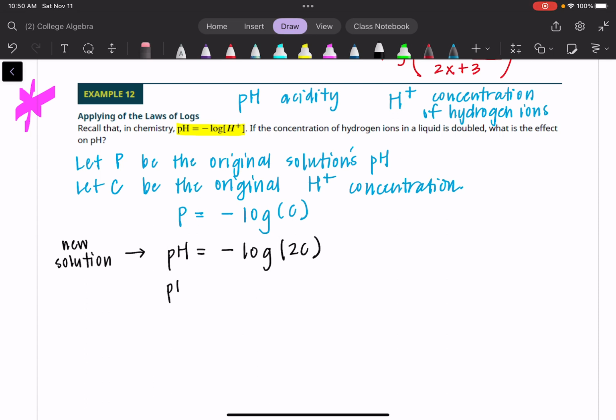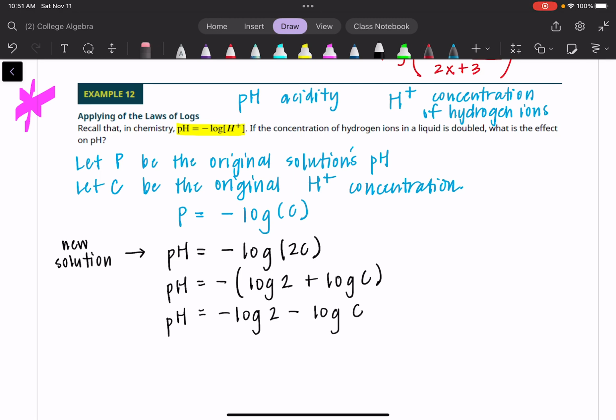And so using the properties of logarithms, we can rewrite this using the product rule as the log of 2 plus the log of C. Rewriting again, we have negative log 2 minus log C.